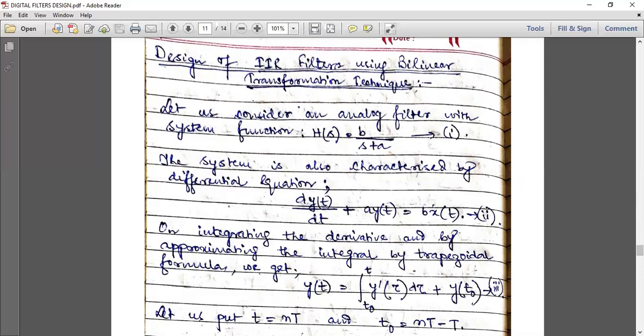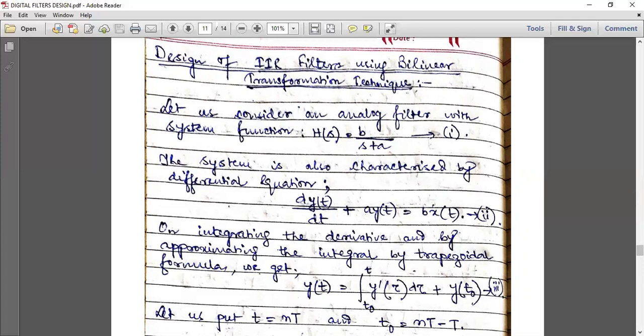After integrating and approximating by the trapezoidal formula, we get y(t) equal to the integral from t0 to t of y dash(tau) d tau plus y(t0). This is our equation 3.